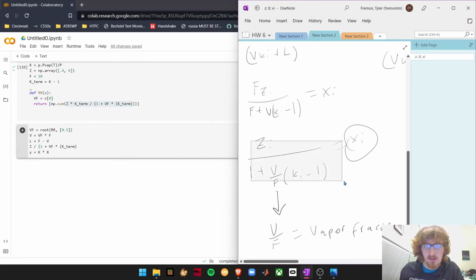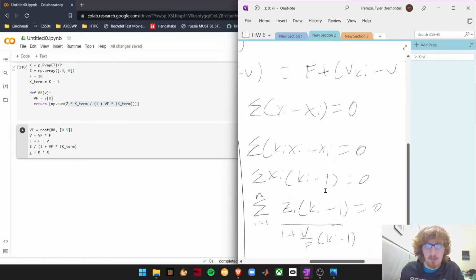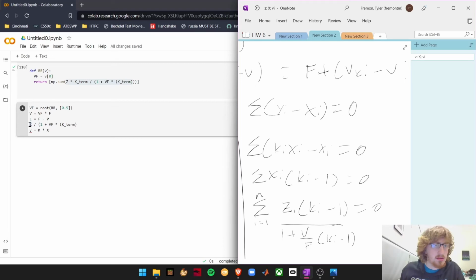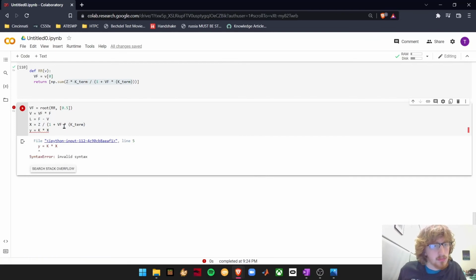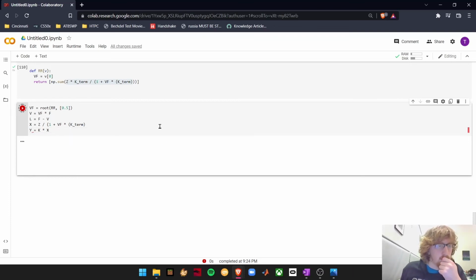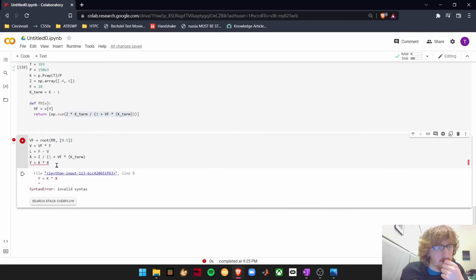Here's our function for X, and then we simply plugged it into our equation for yi minus xi, and then we should be good to go. Invalid syntax on y equals k times x. So that's interesting. I will be right back after I figure out what's causing that problem.